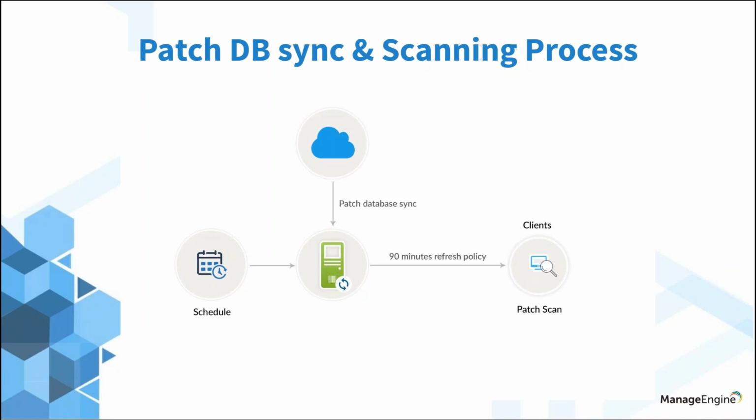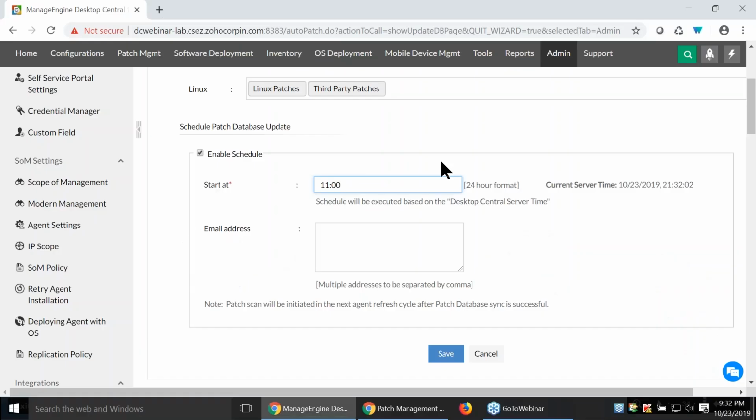As you can see in Desktop Central, both sync and scan tasks have been automated. So the only thing you need to do is configure this once, and post that, everything will be taken care of automatically.